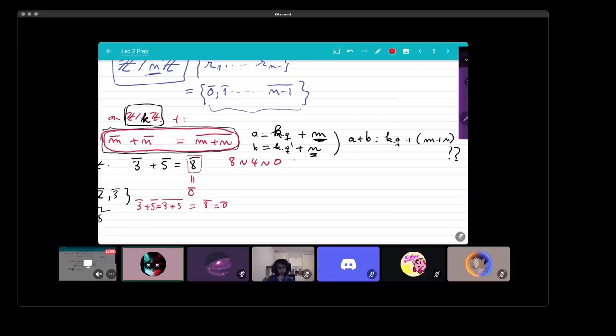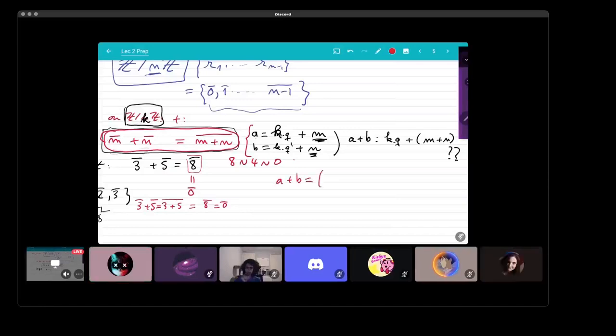And it is, because we can rewrite this little system of equations as a plus b equals the sum of this plus the sum of these, and so it is indeed equivalent to m plus n.